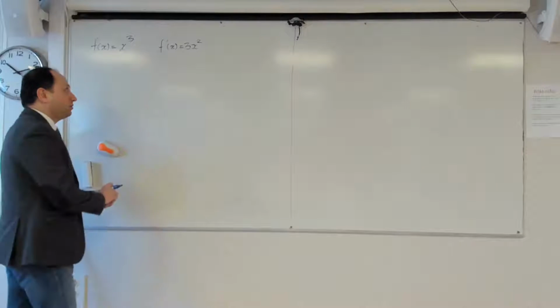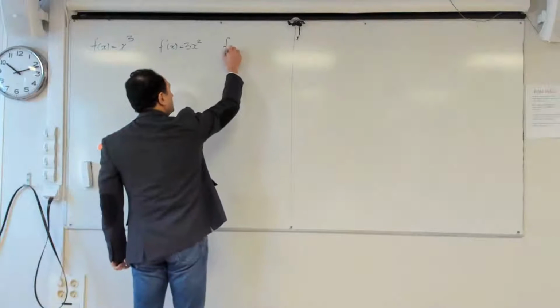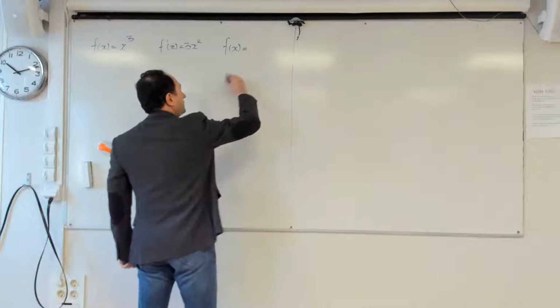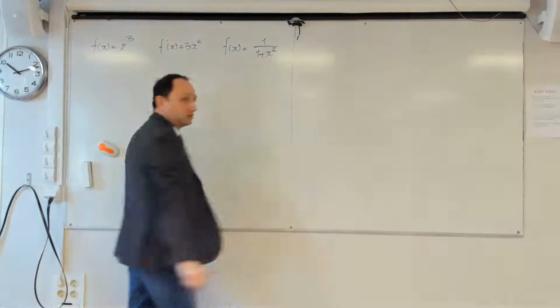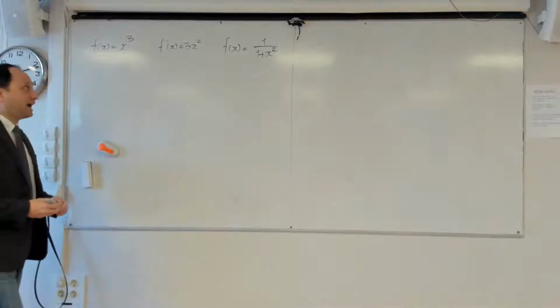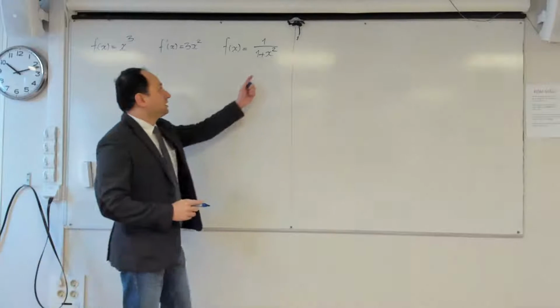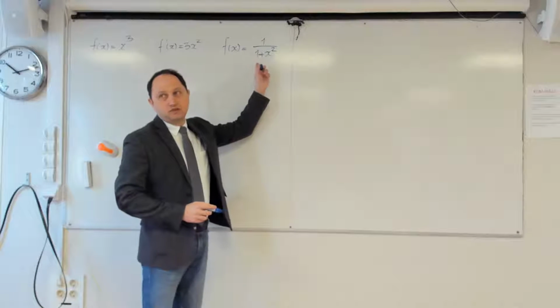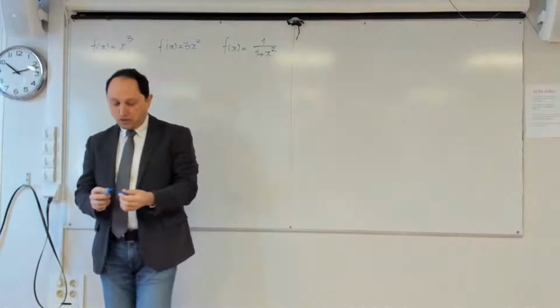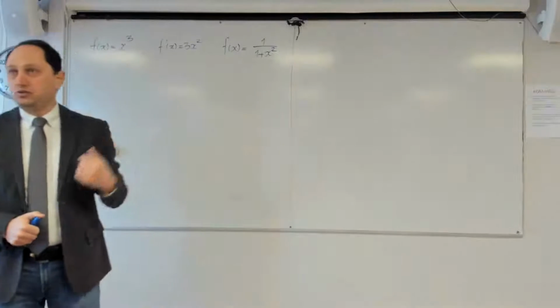Yes. For example, if I ask you this, what is the behavior of this function? Of course, here, if I ask Math 3 students, what is the behavior of this function? Of course, they cannot take the derivative of this function because they don't know the chain rule or the quotient rule.